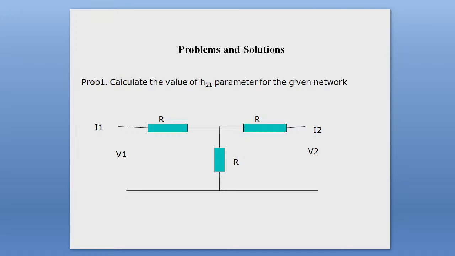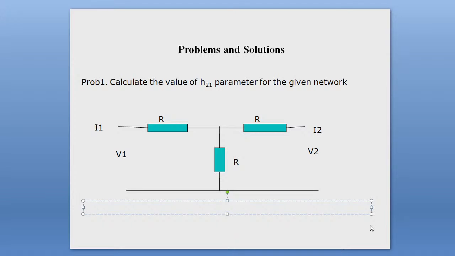Everyone write the network equations in terms of H parameters. The question is to calculate the value of H21 parameter. So we know that for H parameters the independent variables are V2 and I2.